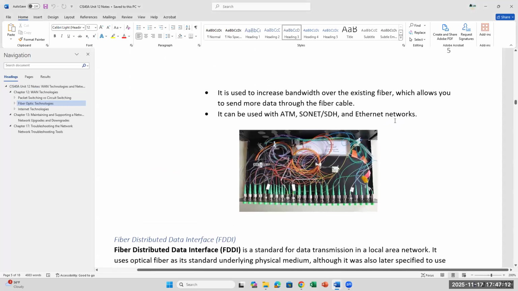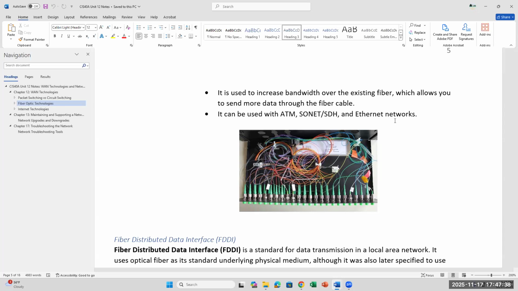So if you look at ATM SONET, when you look at the fiber distribution box, it's going to look like this. Okay, that's an image of it, and they are fiber strands. There's different grades of fiber and different types of fiber, as you know. And so it's going to then terminate at the box.